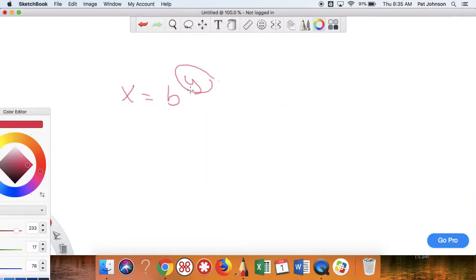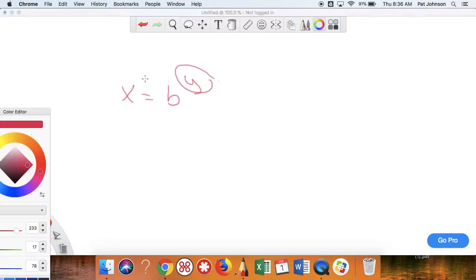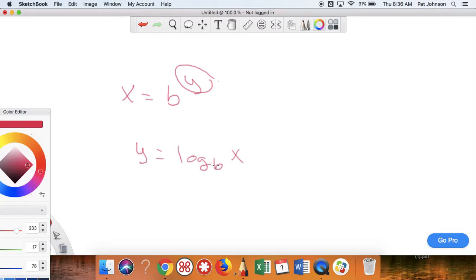This is important to know. It's usually written like this, y equals log base b of x. Okay, the book doesn't tell you, but x is called the argument.